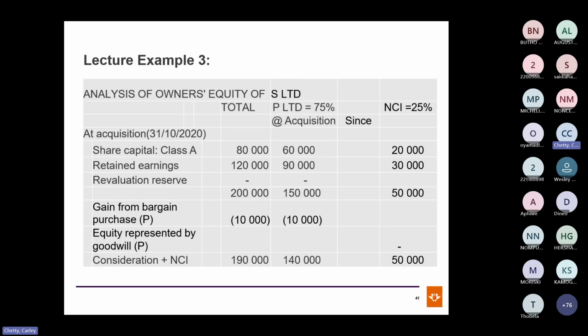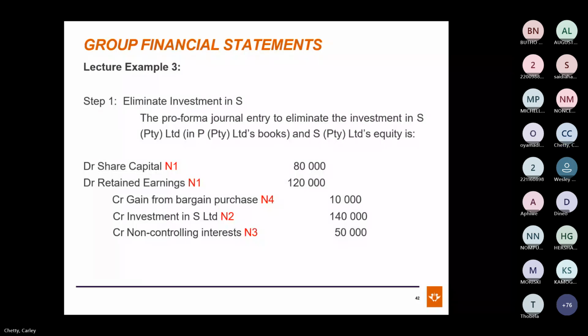So the gain on bargain purchase is only shown in the consolidated financial statements. Now we have our pro forma journal entries. We need to eliminate the investment in S Pty Limited in P Pty Limited's books and S Pty Limited's equity. Okay, so it sounds confusing, but if we go through it line by line.